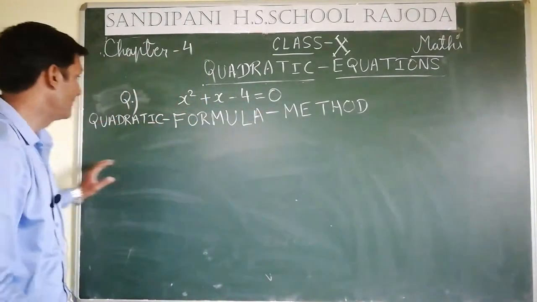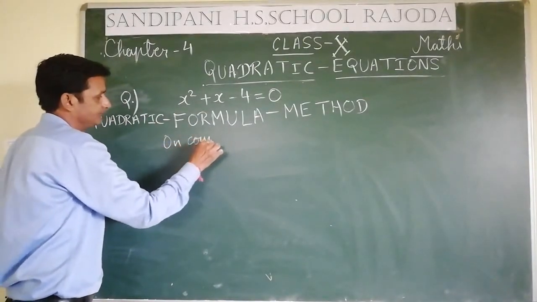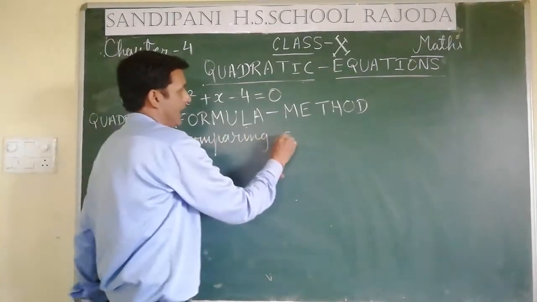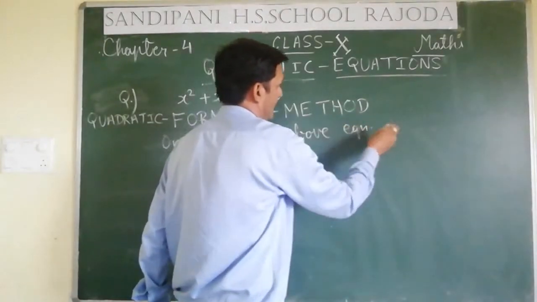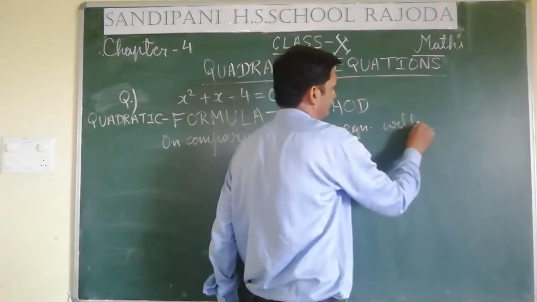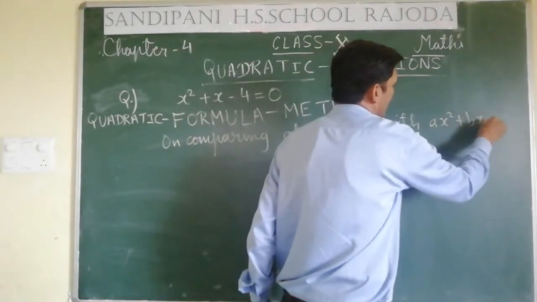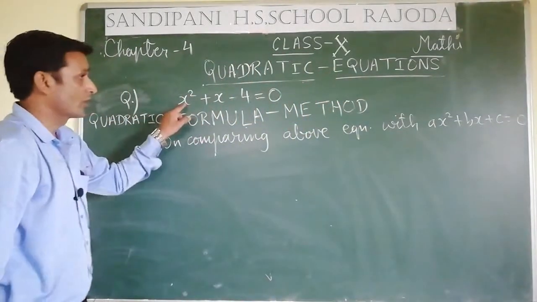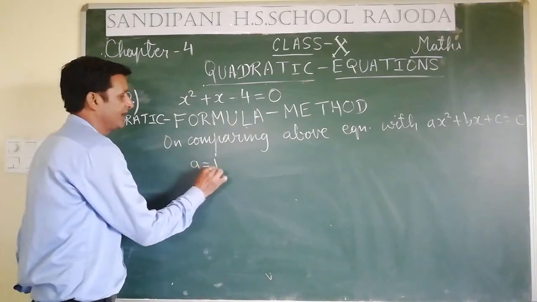So first of all, on comparing the above equation with ax square plus bx plus c is equal to 0, the coefficient of x square is a, and the value of a is 1 here.